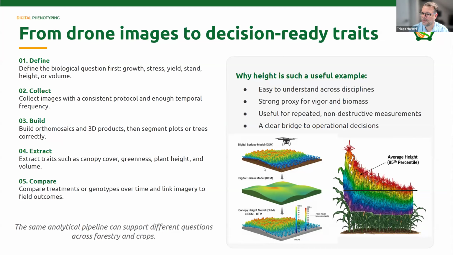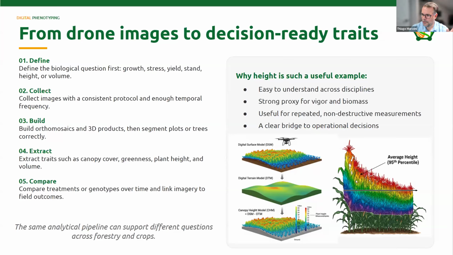So I'm not going to go into detail. Igor already talked about how we do all the data products here, building DSM, DTM, and CHM. But one important thing to note here is that we found out that most of the actual data that we measure regularly in crops, like we said before, crops are measured different ways by different people.